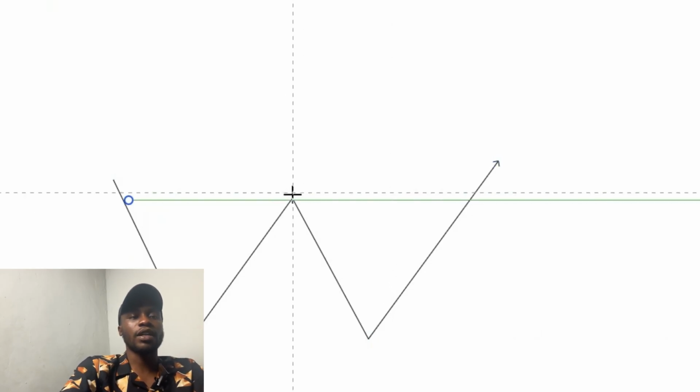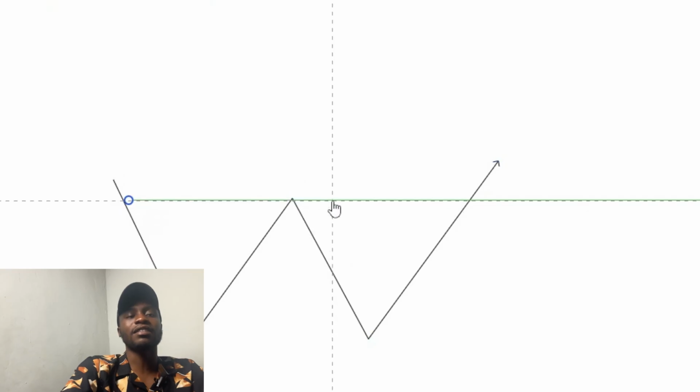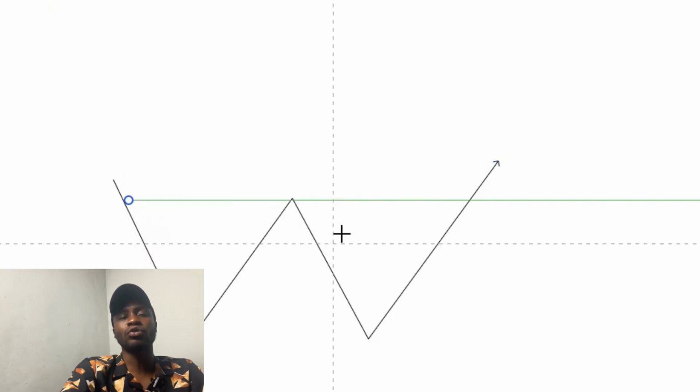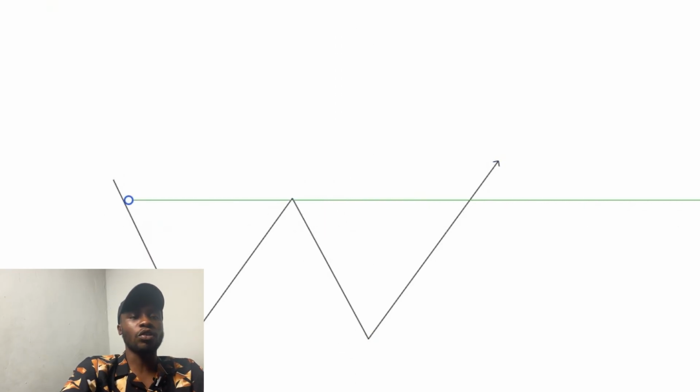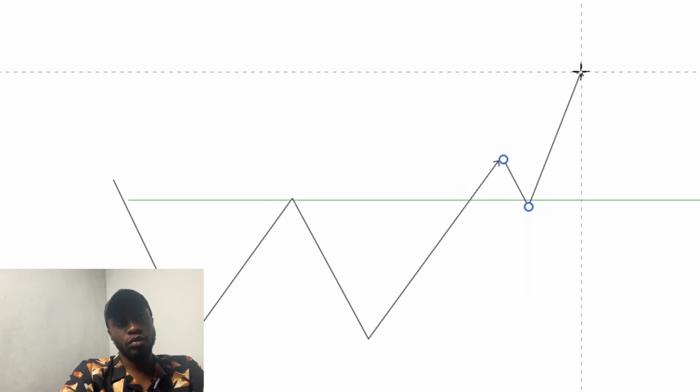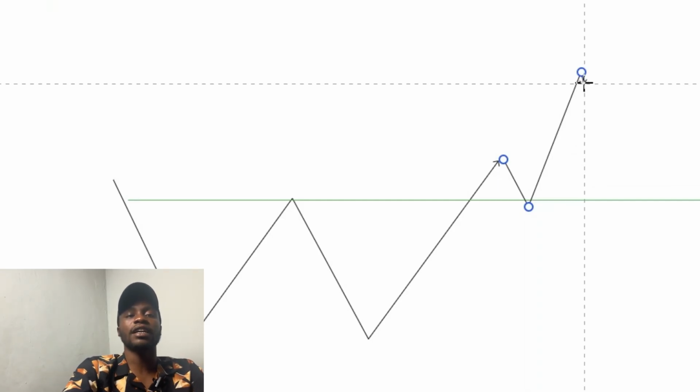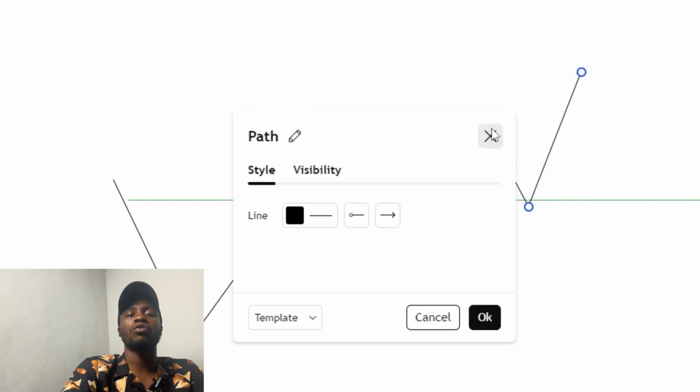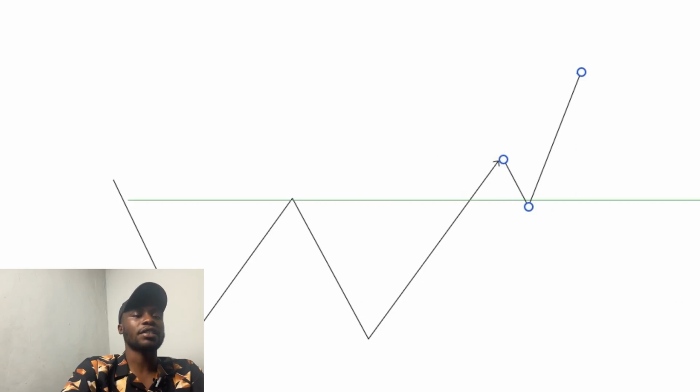You understand? So when I see the market has broken that resistance, it has automatically turned to a support. And once it turns to a support, I wait for a retest of that support and I execute. So this is how I trade with support and resistance. Like I said, I don't normally use resistance. I always use support. So that's how my strategy works.